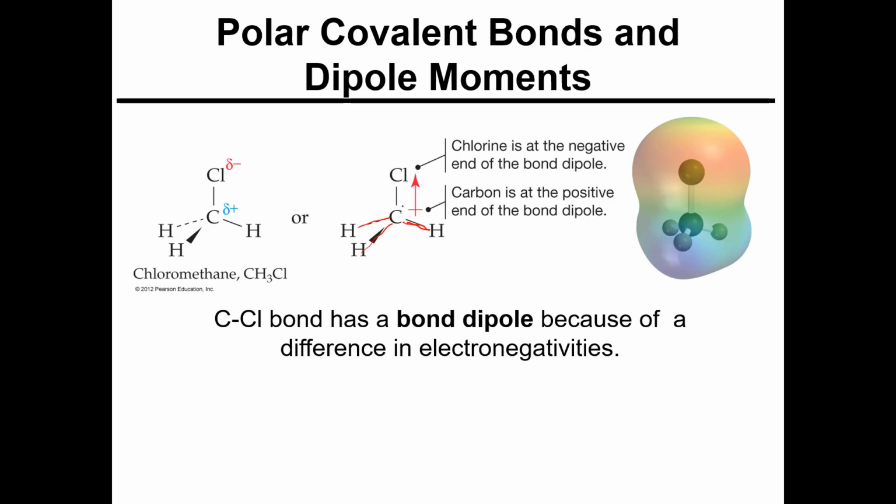So in the C-Cl bond, the electrons are being pulled towards chlorine, since chlorine is much more electronegative than carbon. So we end up with a dipole going towards the chlorine and the electrons being pulled away from the carbon. We would refer to this, the electrons being pulled towards chlorine away from carbon, as a bond dipole, and we would refer to this bond as a polar bond.